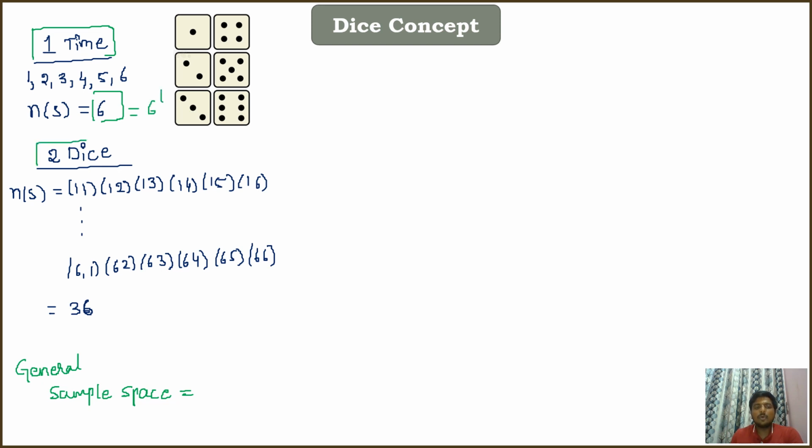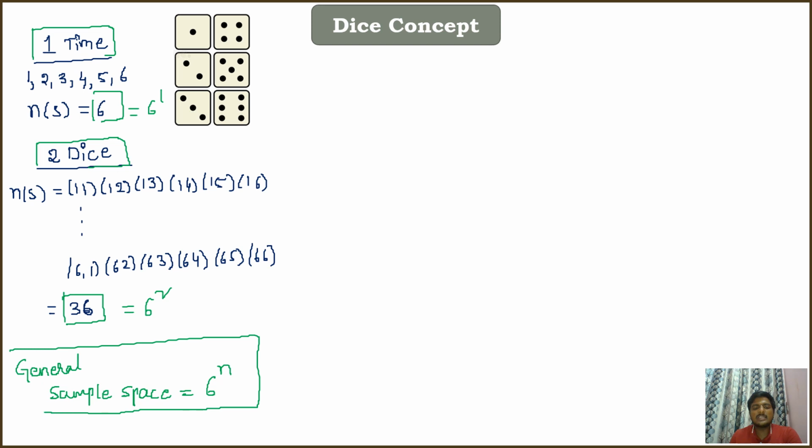And if 2 dice are rolled at a time, the sample space is 36, so I can write it as 6 square. From this, I can conclude that the general sample space in terms of dice is 6 power n, where n is called the number of throws.